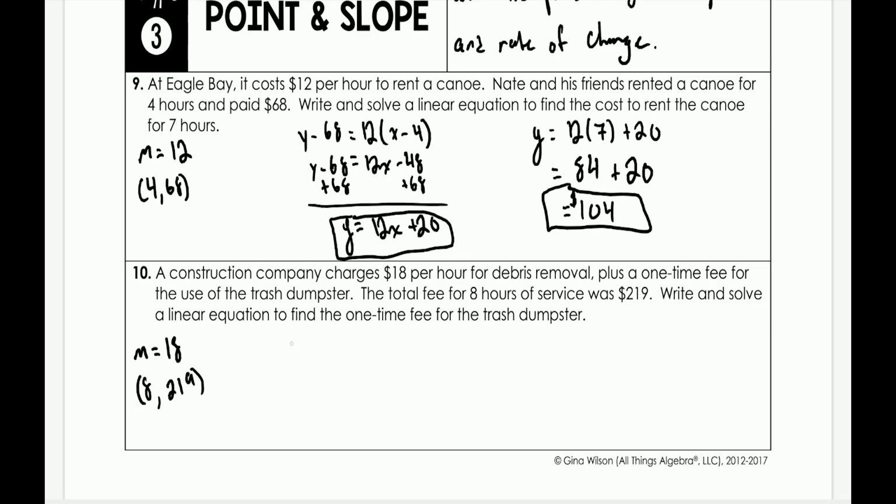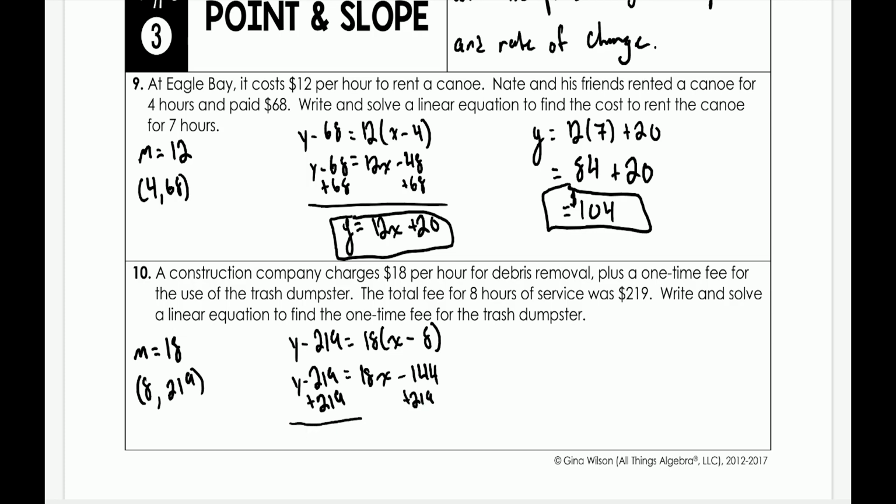So we have a point and a slope, so we're going to use point-slope form. So y minus 219 is equal to 18 times x minus 8. Distribute the 18. We have 18x minus 144. And then we have y minus 219 left over. So we're going to add 219 to each side.